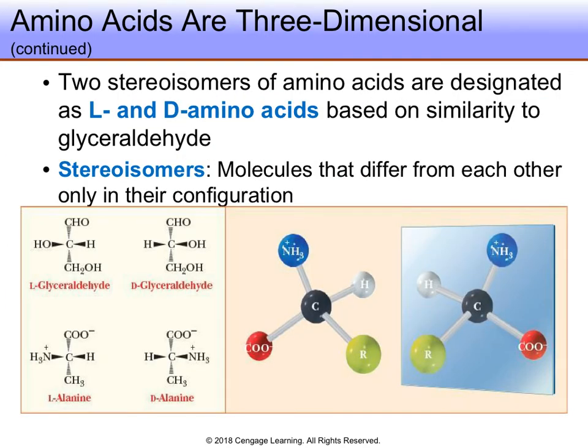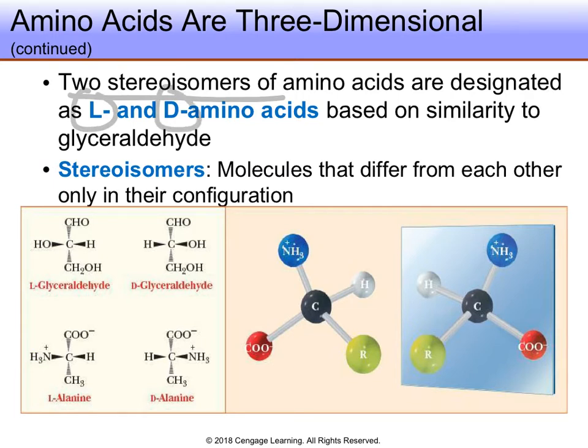The other interesting property about amino acids is that they come as two stereoisomers, and that means they can be distinctively designated as either L or D amino acids.